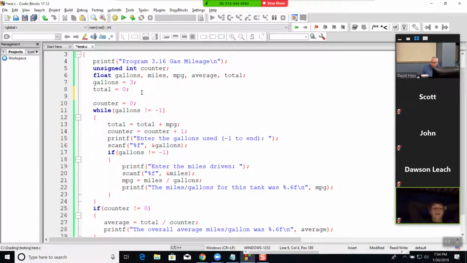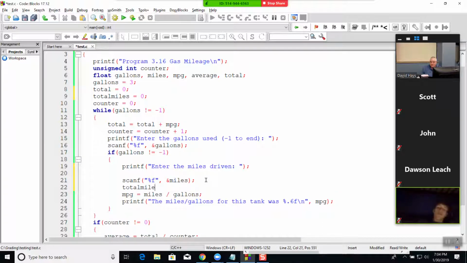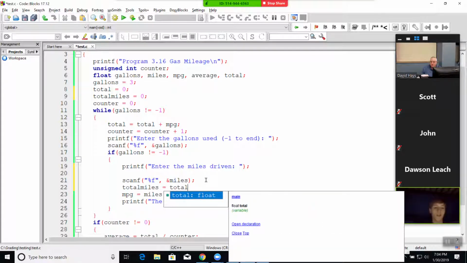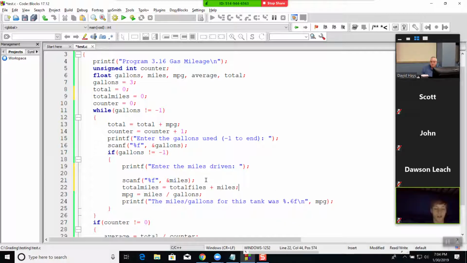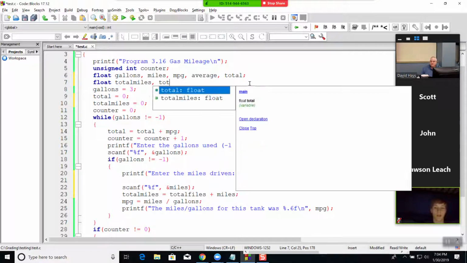Well, let's see. Total miles equals 0. Oops, wrong place. Total miles equals total miles plus miles. Float total miles, total gallons.